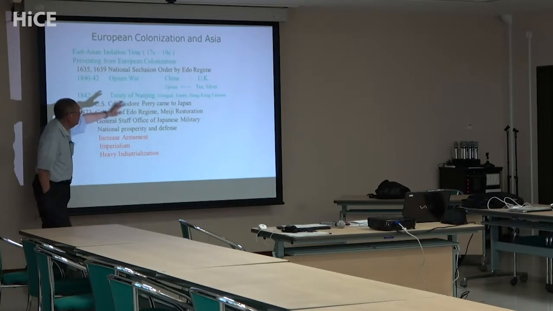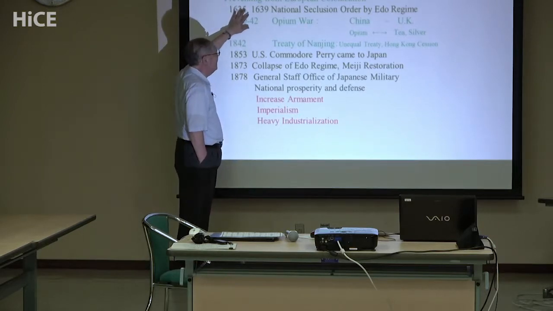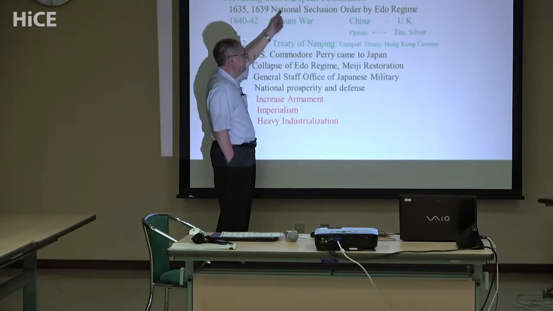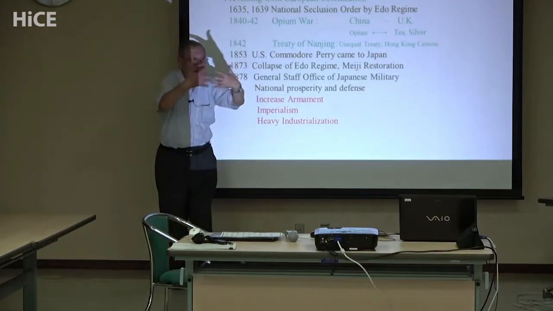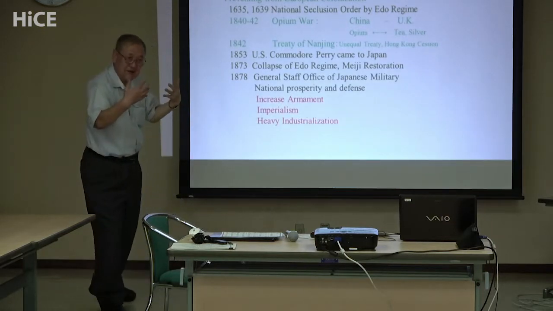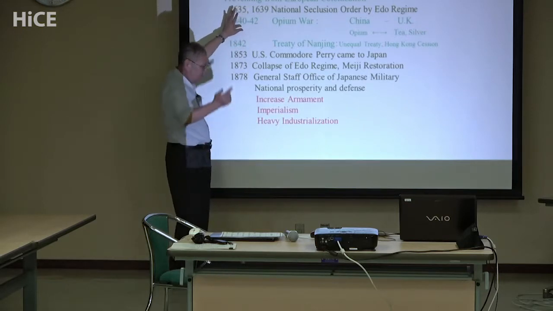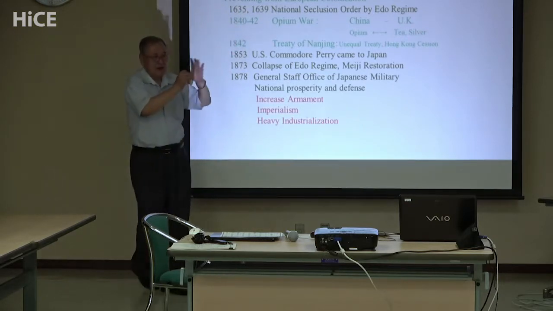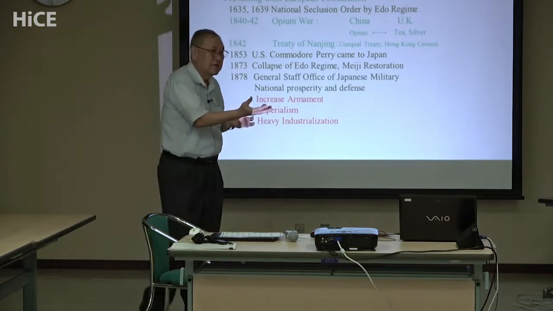Okay? Then, especially in Japan, the national seclusion order by the Edo regime closed the door to the outside. But only Nagasaki, only one port, was open to the Dutch.